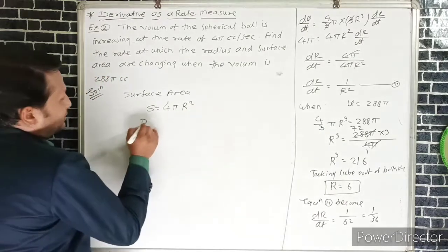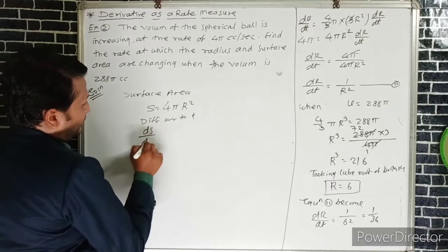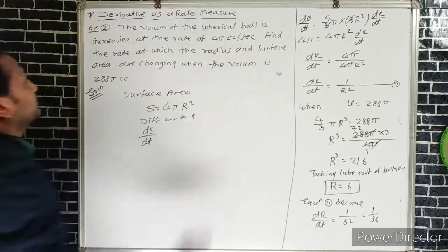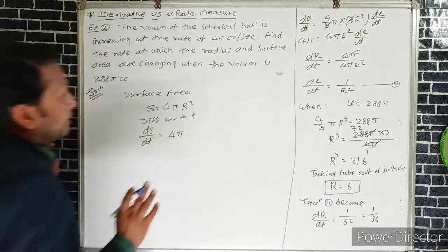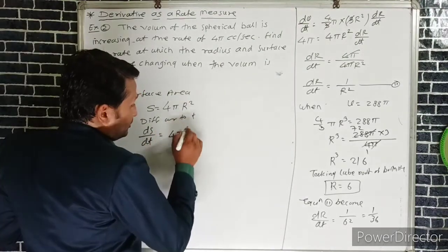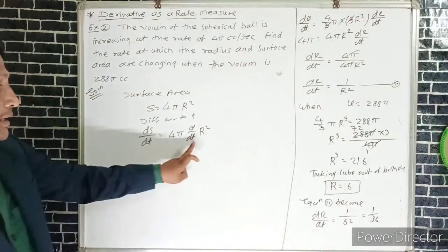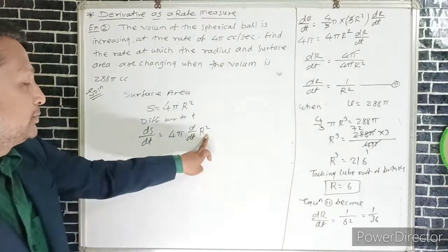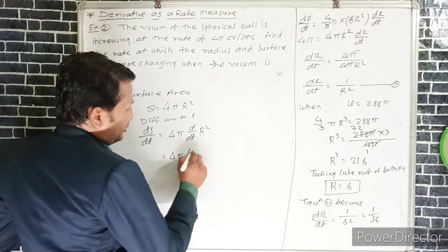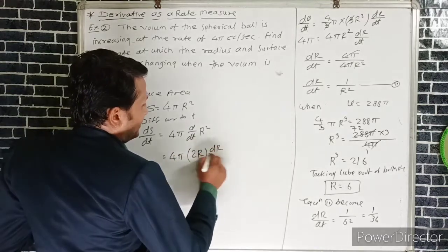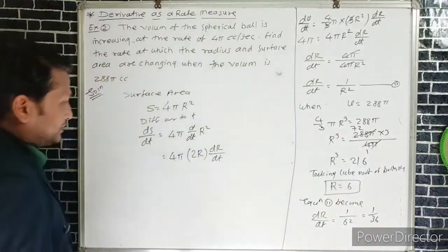If we differentiate with respect to time t, we can write ds upon dt, which is the required rate of change of surface area, equal to 4 pi derivative of r square with respect to t, where t is time and r is radius. If we consider that r is a function of t, then we can write 4 pi times the derivative of r square, which is 2r into dr by dt. We know that the value of dr by dt is 1 upon 36.